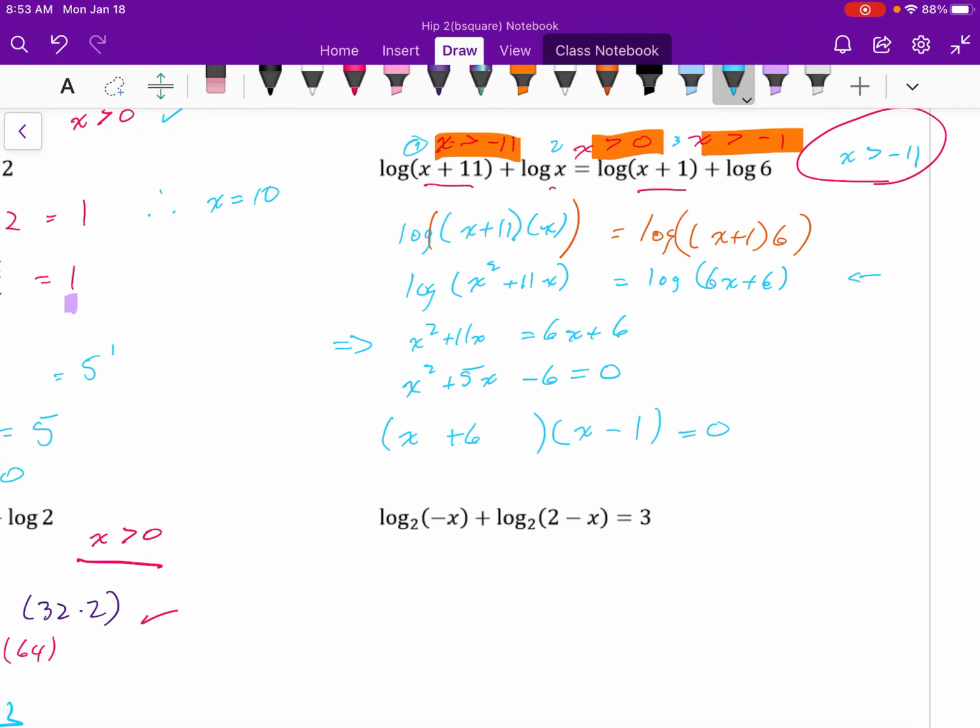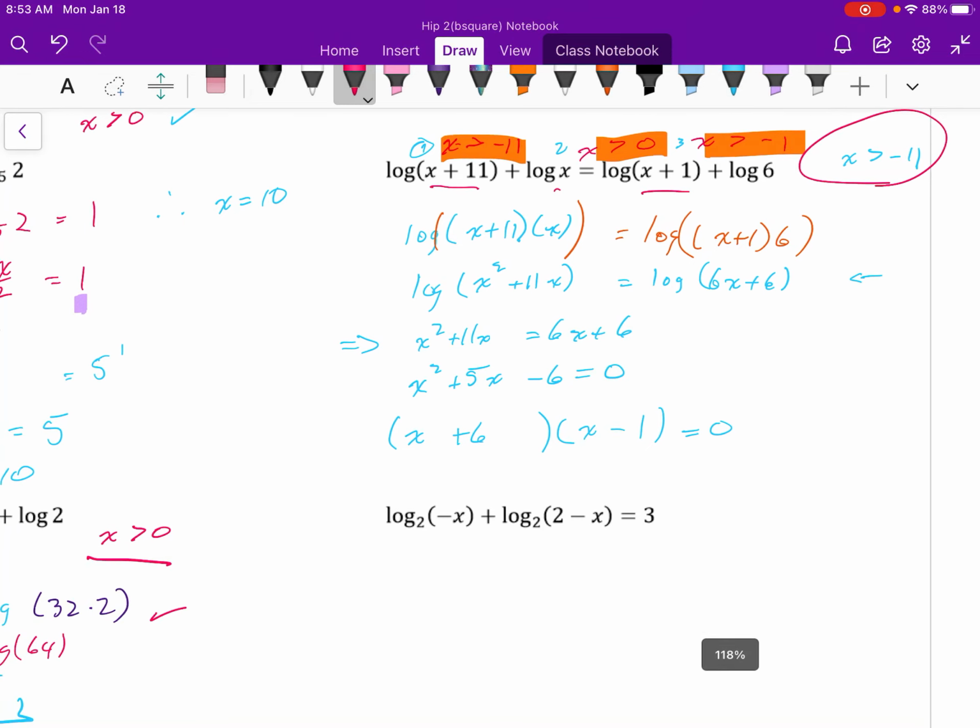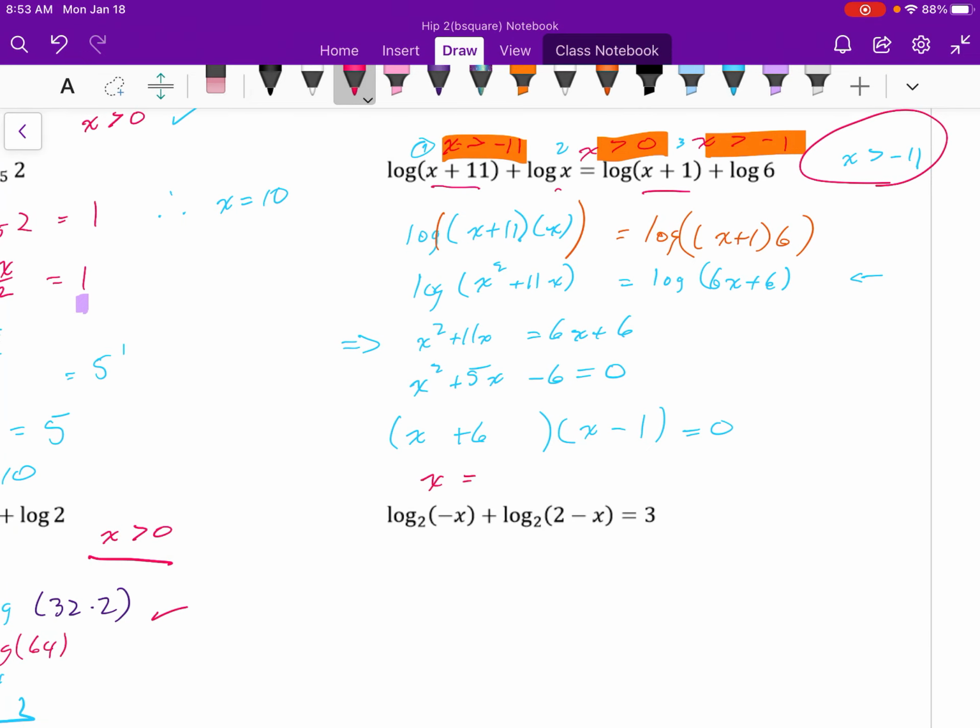What I get is x plus 6, close brackets, open brackets, x minus 1 is equal to 0. And this yields, using the zero product property, that x can be equal to negative 6 or positive 1. Now, these are only potential solutions.